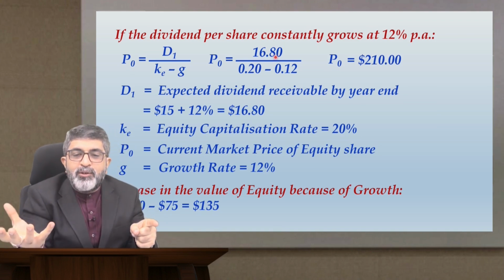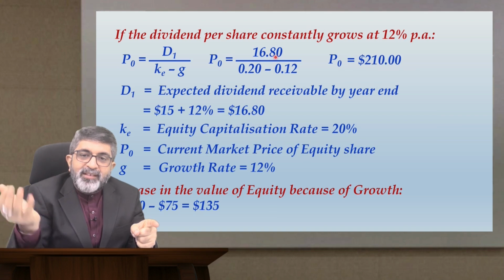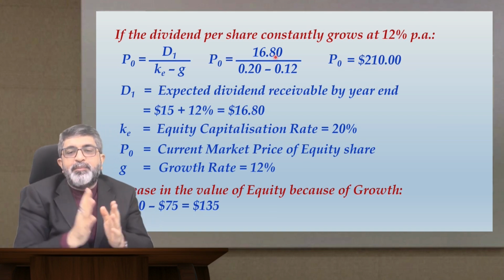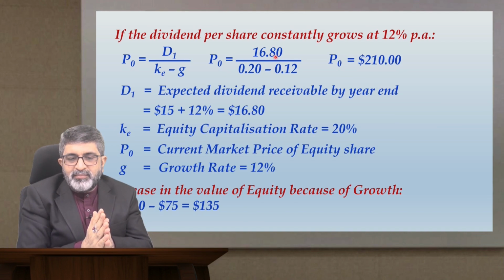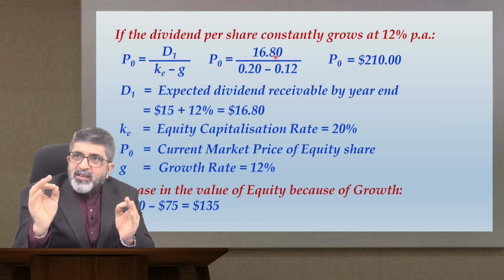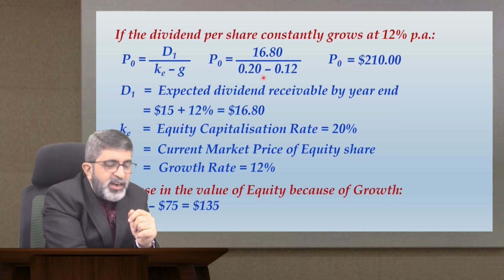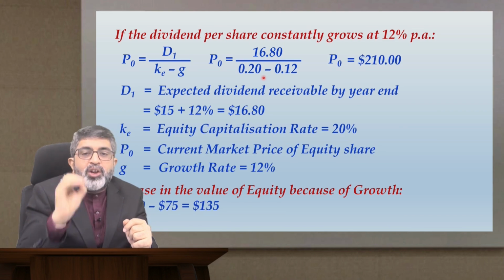So how much will be the value of the share? The value of the share will be 16.8 divided by 8%. Now just imagine, if I increase the growth rate, this denominator value will become smaller. Why?